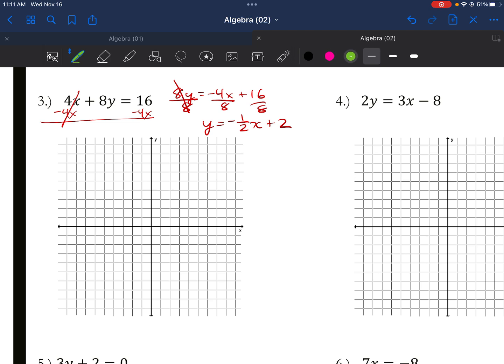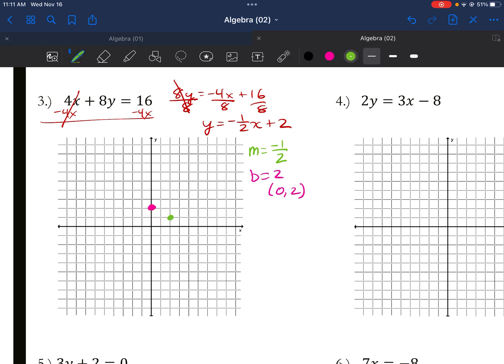Now I can identify my slope. My slope is -1/2, and my y-intercept is 2, which I'm going to write as (0, 2). I'm going to plot (0, 2). And step 4, I'm using my slope that I have here to count to get to the next point. So I go down 1, because it's -1, to the right 2.